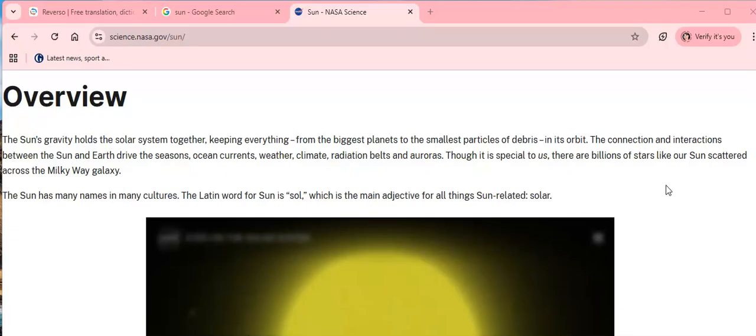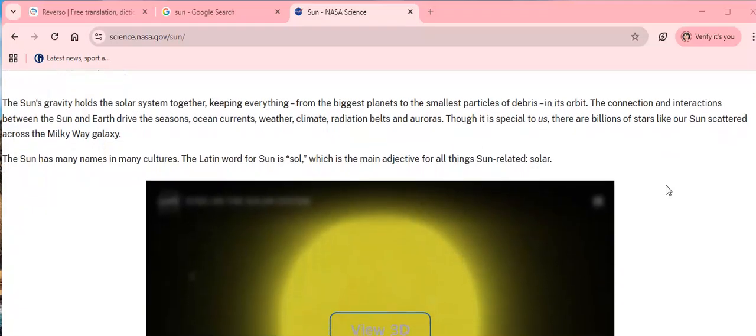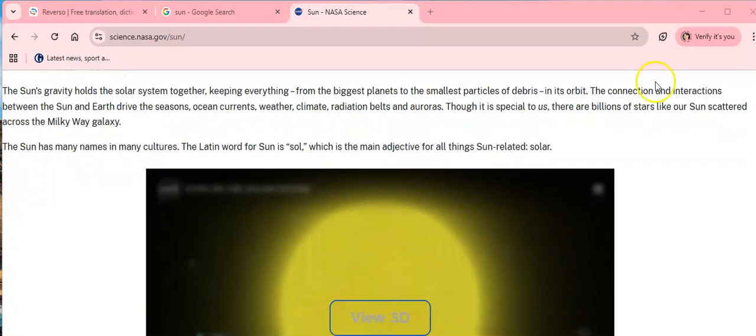So science is an extraordinary thing, isn't it? So it's the connection and interactions, check this out, between the sun and our Earth that drive the seasons, summer, fall, winter, spring, the ocean currents, our weather, our climate, radiation belts, and auroras.